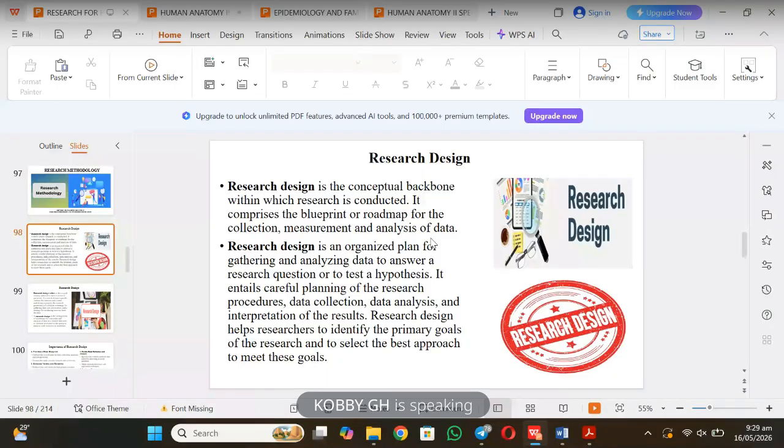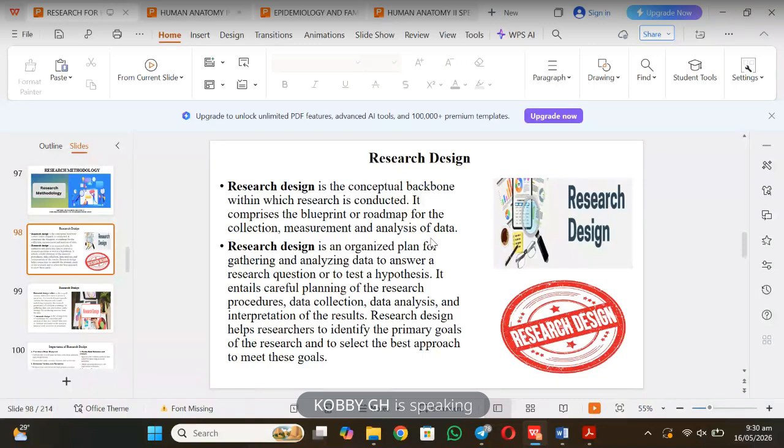You see that information. You are not the one going to collect that information. It's already in existence. You are going to review records. Now, as a researcher, when you decide to do a study like that, we say you are using retrospective study design. So in retrospective study design, the information is already in existence, and you are going to review past records. Then we say you are using retrospective study design.